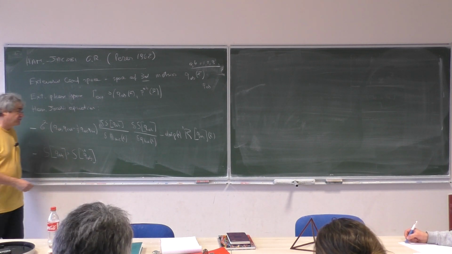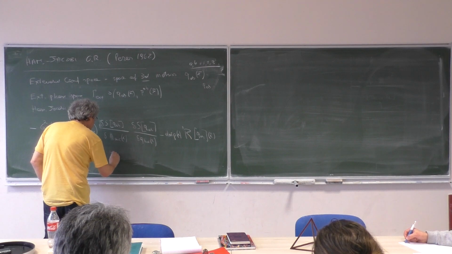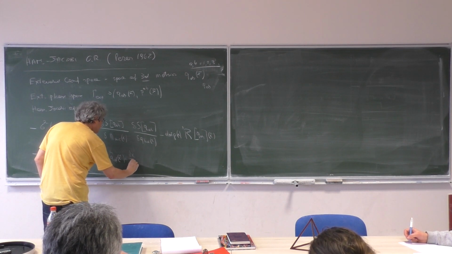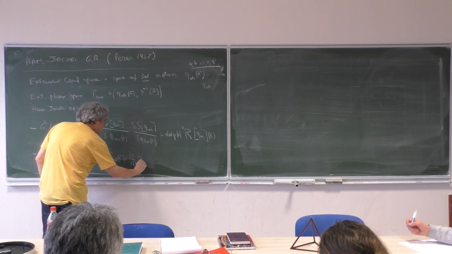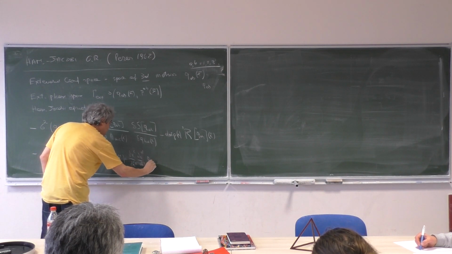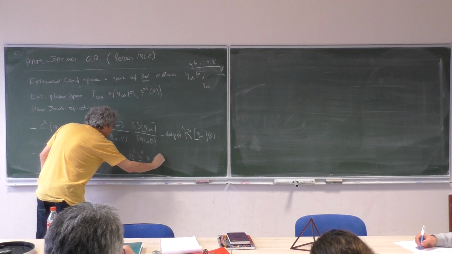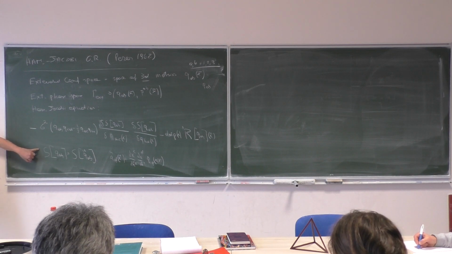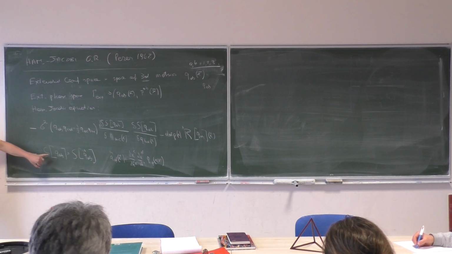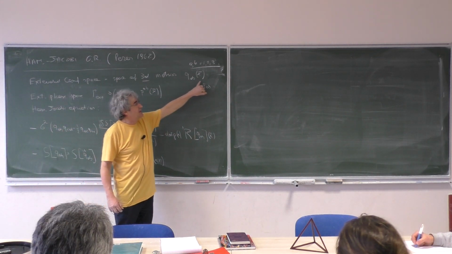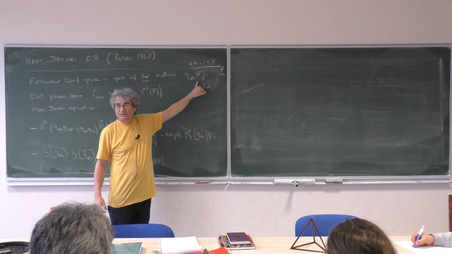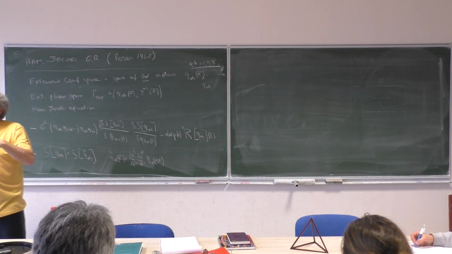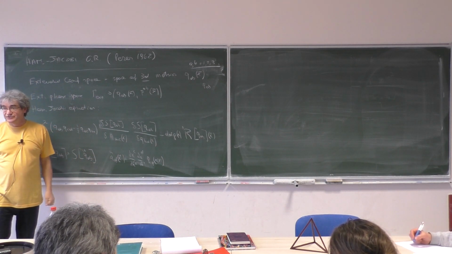And you know how a metric transforms under diffeomorphism, right? q̃_AB(x̃) is dx^C/dx̃^A dx^D/dx̃^B q_CD(x̃). The standard transformation of diffeomorphism. So this equation is simply saying that S, the Hamilton-Jacobi function, is not really a function of this field here, but is a function of the equivalence class of this field under diffeomorphism. So it is the same whatever you write the coordinates. It's actually a function of the geometry of this surface.